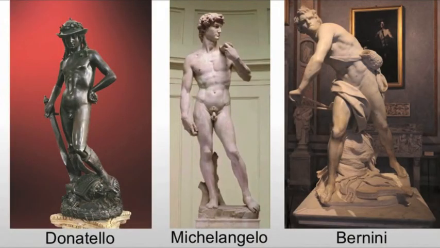When we compare the three, the ideas are very different. Bernini is not trying to depict the perfect male nude, which Michelangelo is doing. He's not trying to depict a nude youth for the first time since the classical world, which Donatello is doing. He's trying to show combat. And arguably the reason we don't know Bernini as well is we don't like to think about the moment of combat.